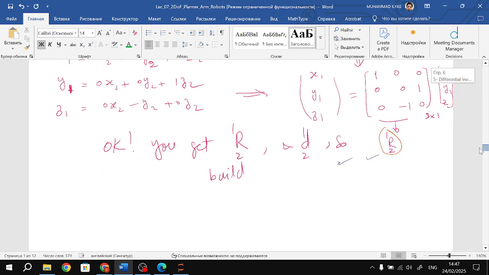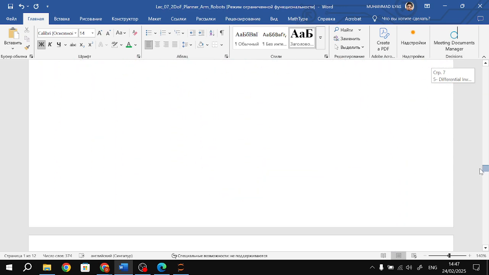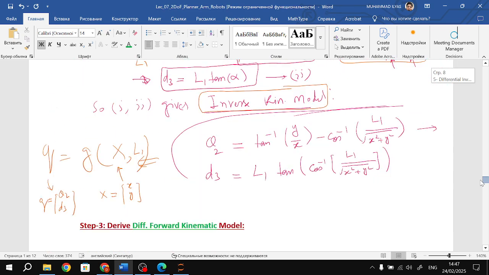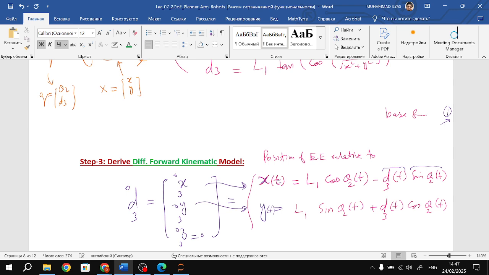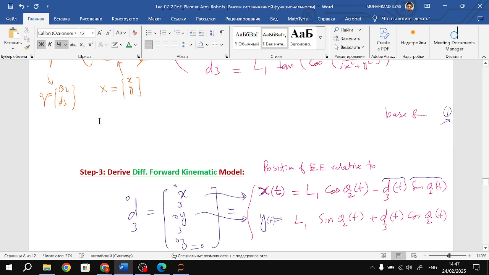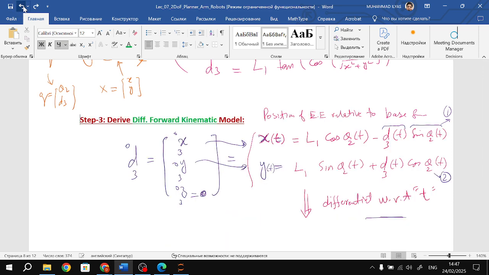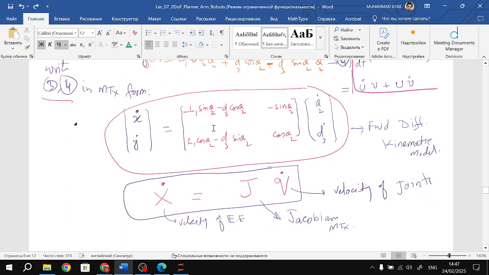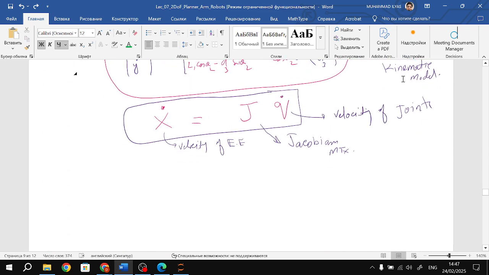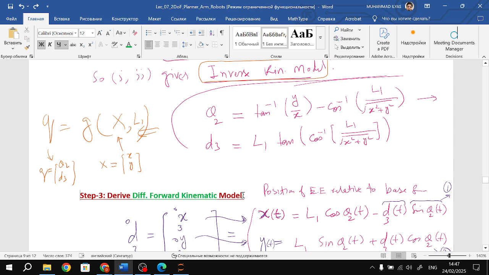We have calculated forward differential kinematic over here. Okay, this is forward differential kinematic. So let me write in a good way that I can copy this one.